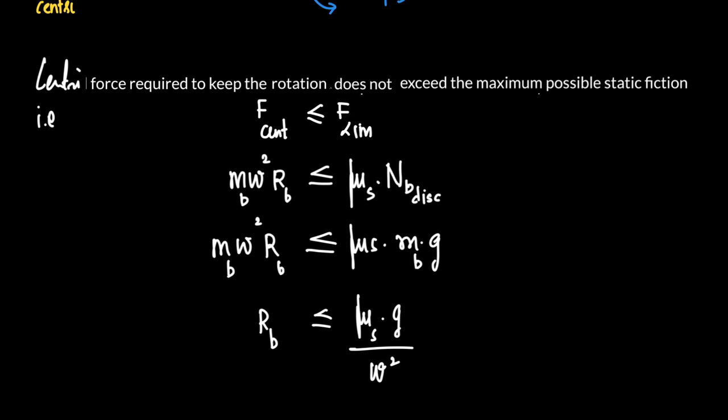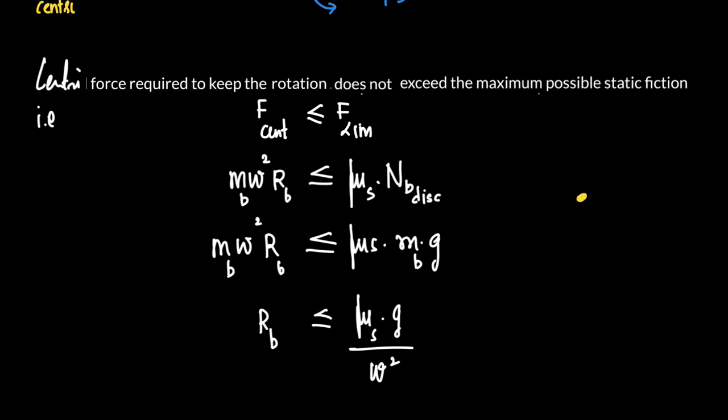Now, which body are we talking about? Are we talking about the disc or the beaker? Everything mentioned in this equation is with respect to the beaker. So we have radius in which the beaker is rotating, mass of beaker, and normal reaction between the beaker and the disc. So this is where the free body diagram comes into picture.